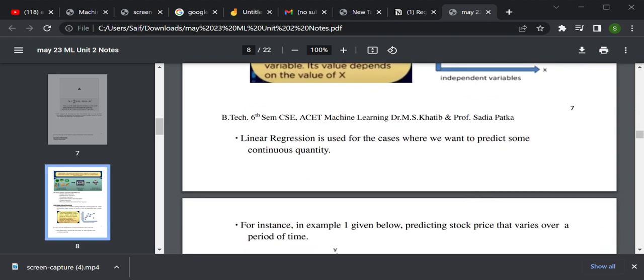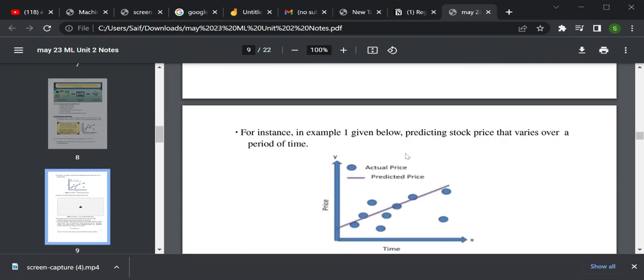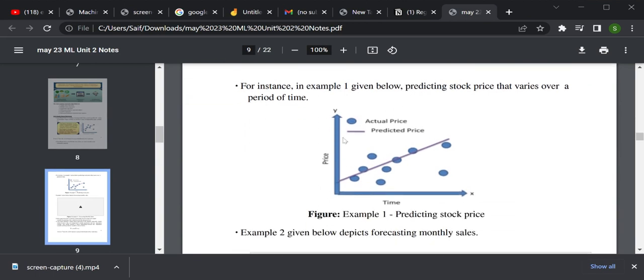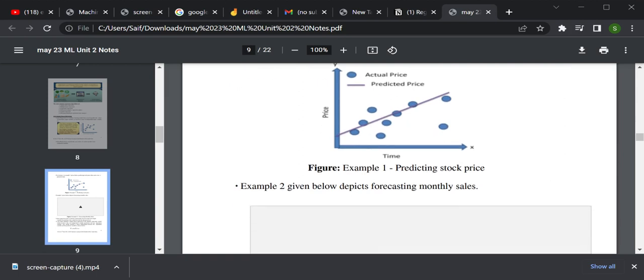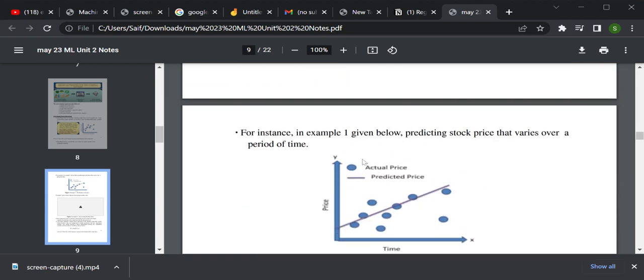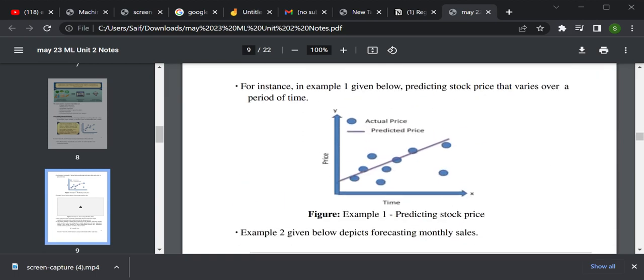Regression is used for cases where we predict some continuous quantity. Okay, the quantity is continuous. If the price goes up, the storage will also go up. See price and time here. The author has written some other example, I think, for predicting stock price. So the price increases, the time also increases.